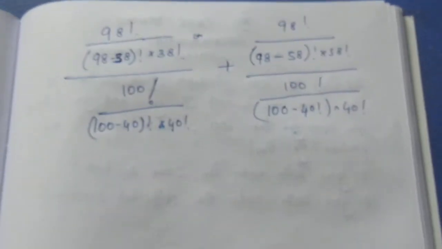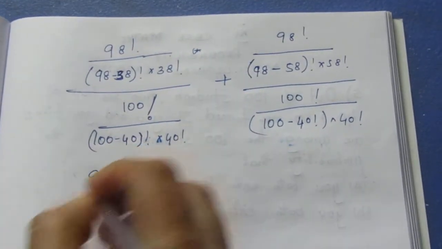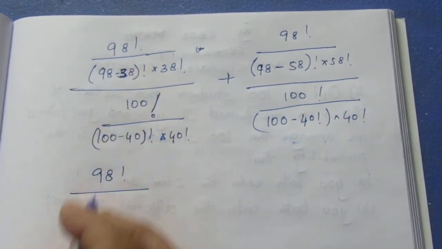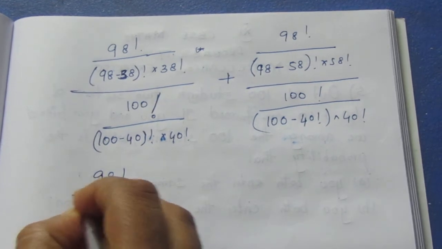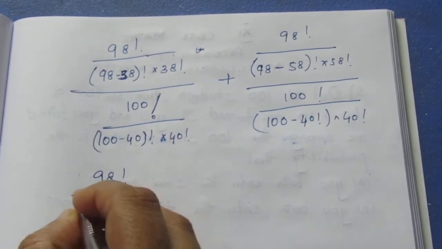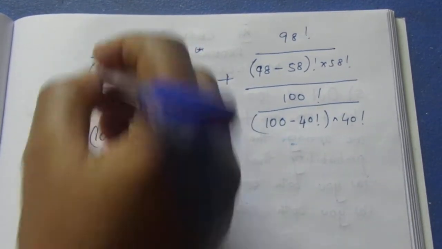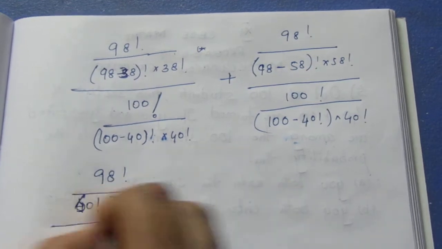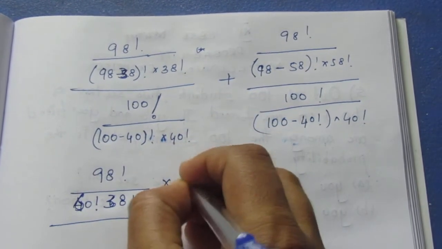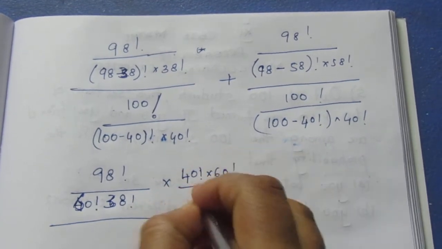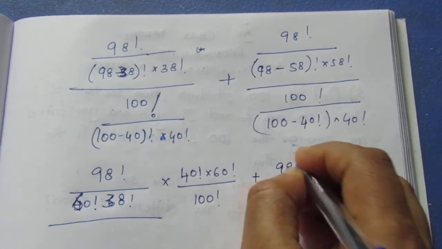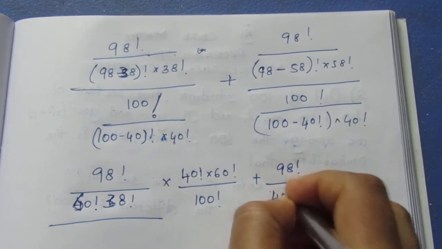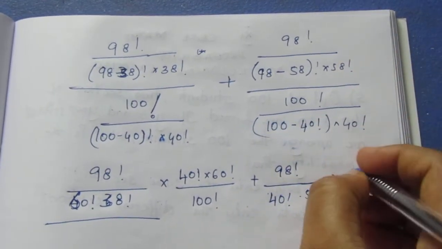Now let us calculate it separately. Here it becomes 98 factorial by 60 factorial into 38 factorial, and taking the reciprocal of the other side, it becomes 40 factorial into 60 factorial by 100 factorial, plus here 98 factorial by 40 factorial into 58 factorial, taking this as reciprocal so 100 will come down.